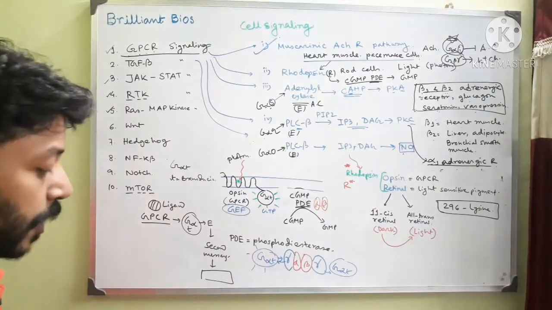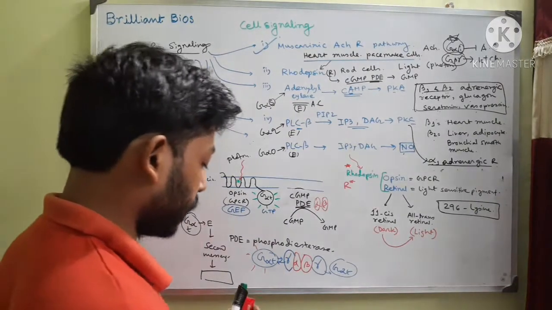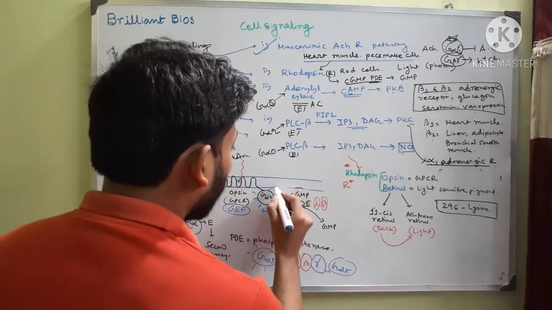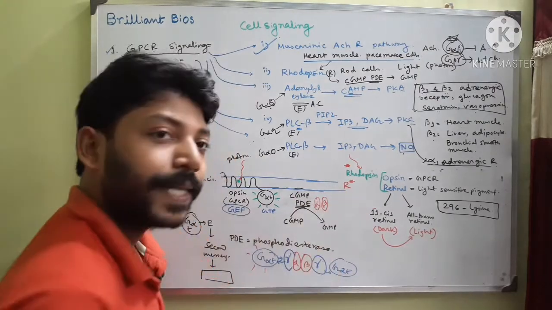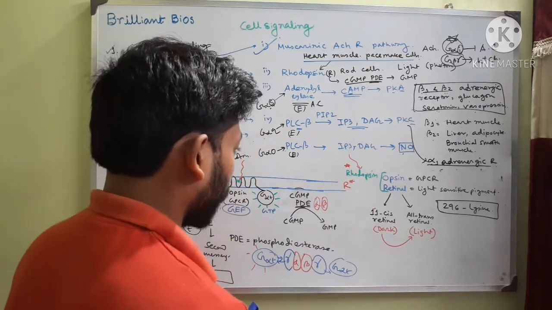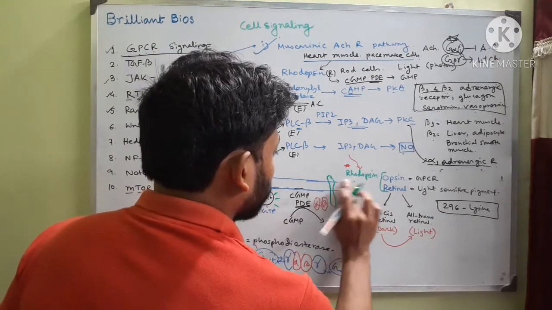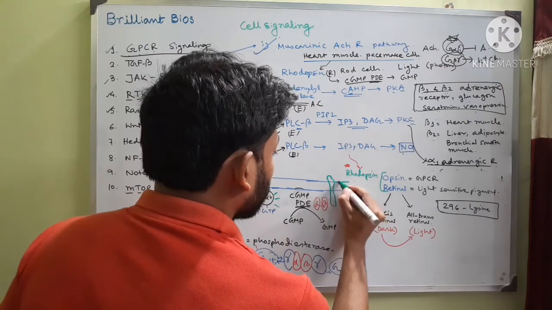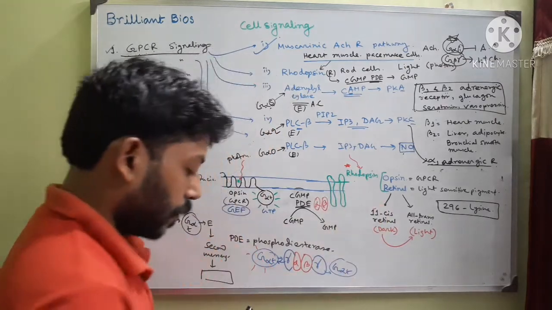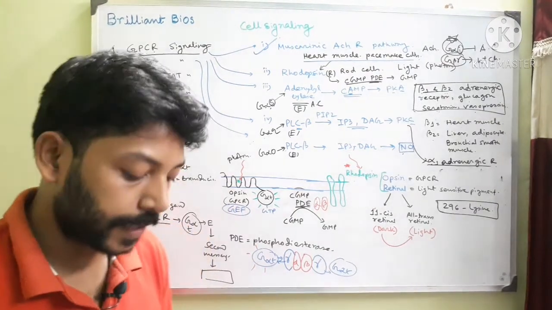So what is the significance of cGMP in this signaling? Yes, there is a significance. In the plasma membrane of these rod cells, there are non-selective cationic channels, through which sodium and calcium enter inside the cell.